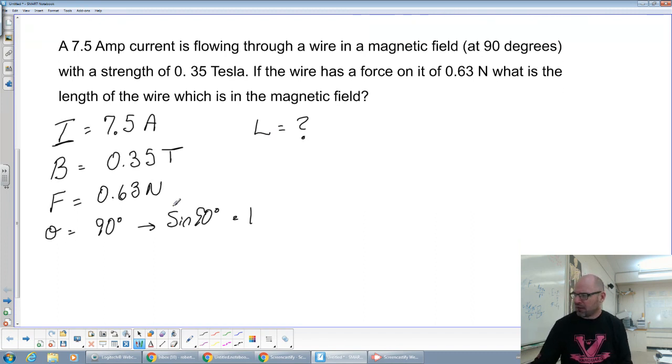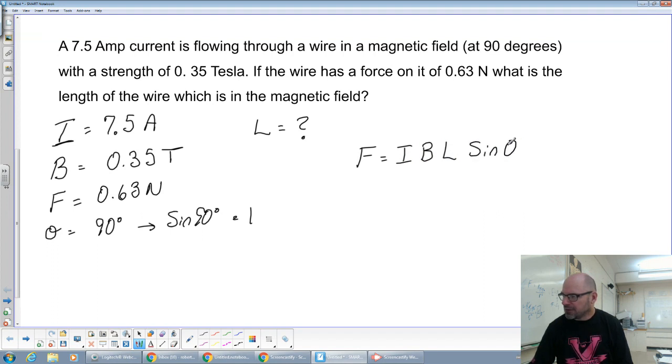Okay, the formula that we have is force equals I B L sine theta. Okay, so if we want to isolate the length by itself, we simply have to divide I B sine theta out on the right side and the left side.